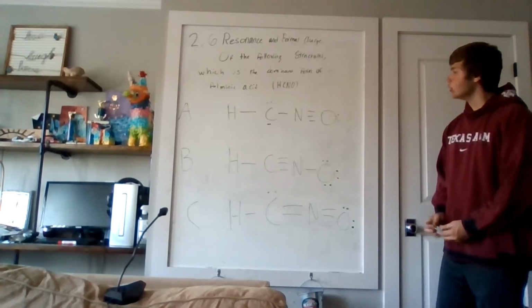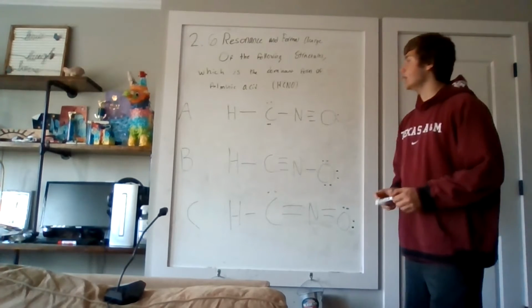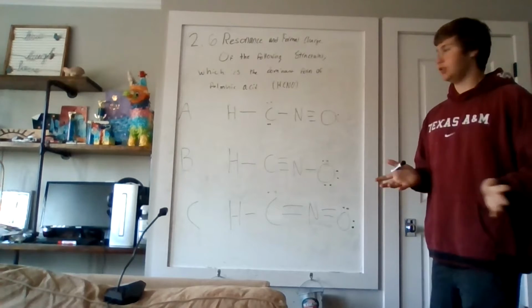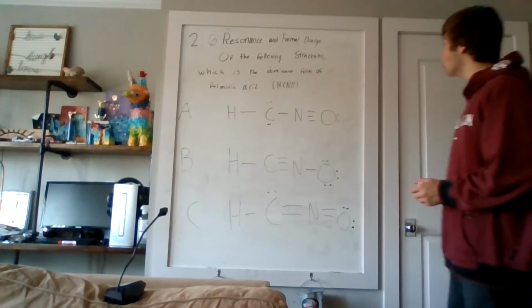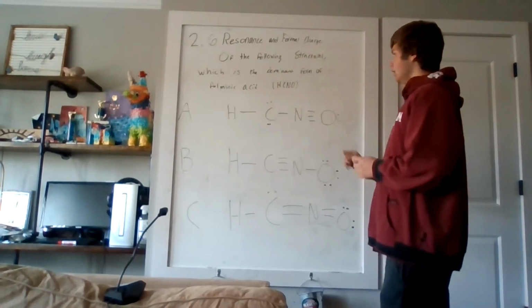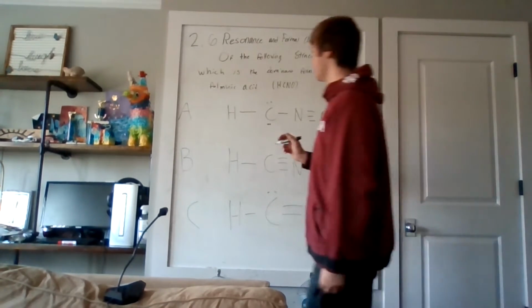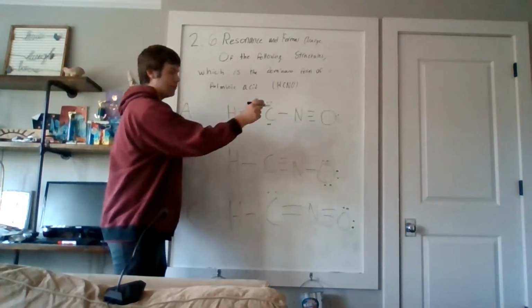For this problem, all of these are valid Lewis dot structures of fulminic acid, but only one of them will be the dominant structure. So the way that we look for that is through formal charges. And the way we do formal charge is that we figure out how many valence electrons each atom in a compound has.